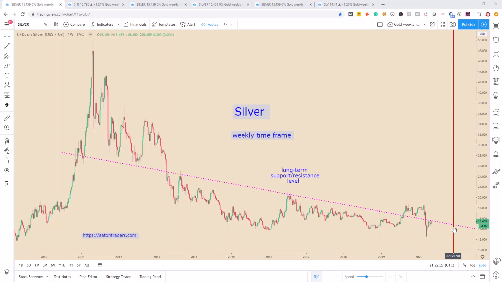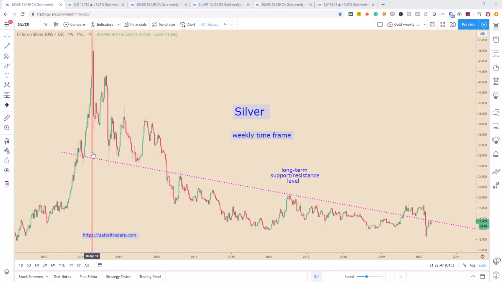Support and resistance levels don't have to be horizontal. And that's what we're seeing here. This is a slanted trend line, if you want to call it a trend line, acting as a support resistance level. So we can see that from back in the bull market that peaked in May. Silver was a little bit different.